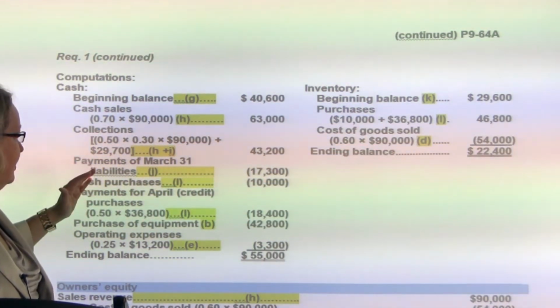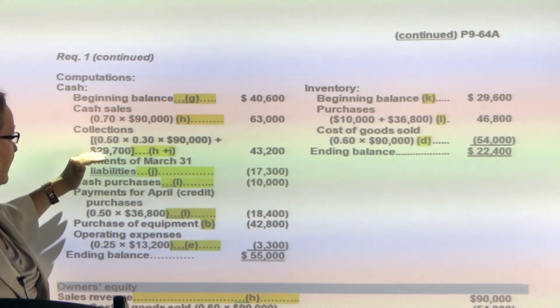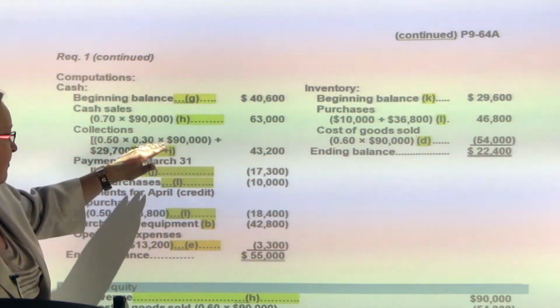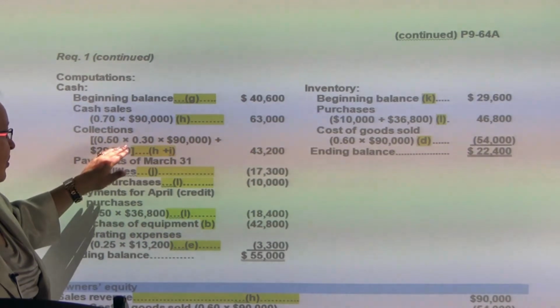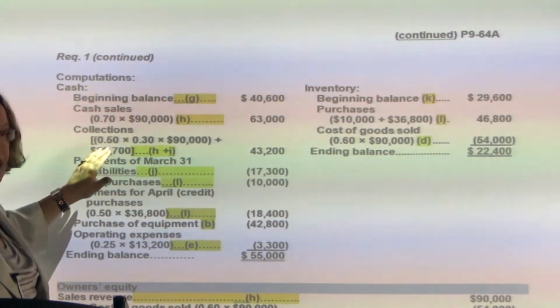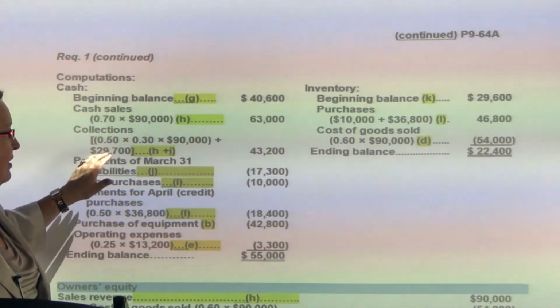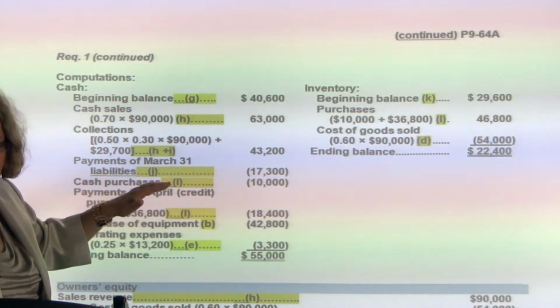For collections, of the 90,000, 30% of that is on credit, and you're going to collect half of that in the month of April, and the remaining half you're going to collect in the month of May.